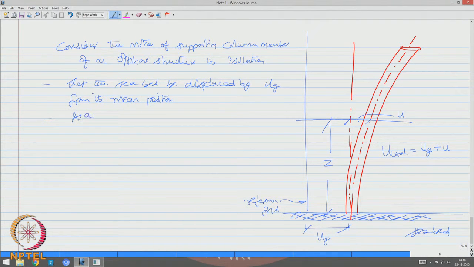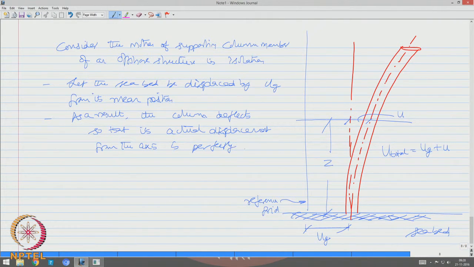As a result, the column member deflects so that its actual displacement from the axis is u at any depth z measured from the seabed.